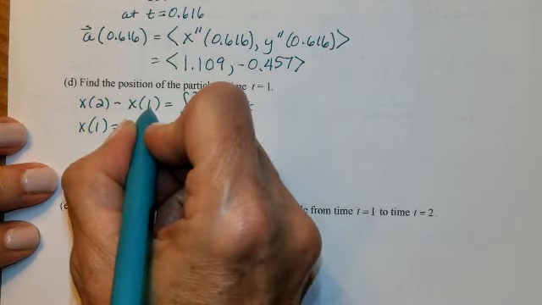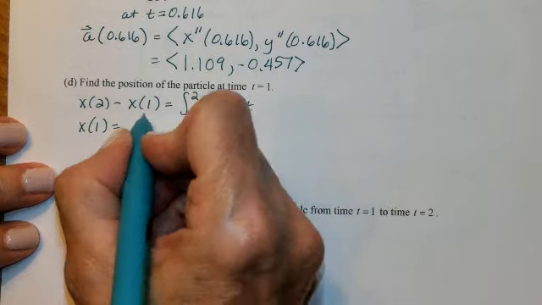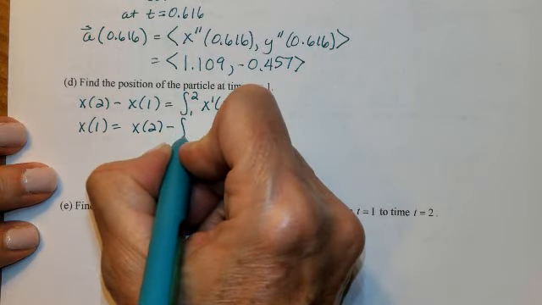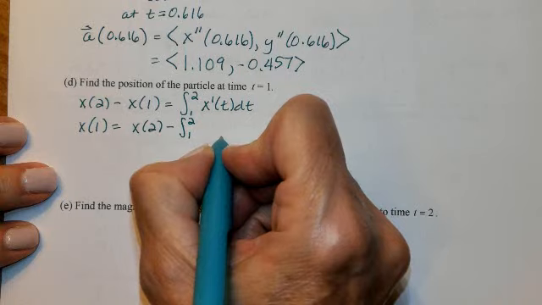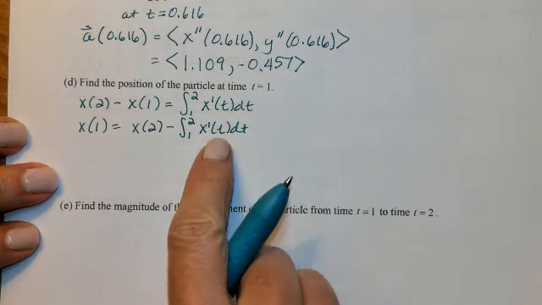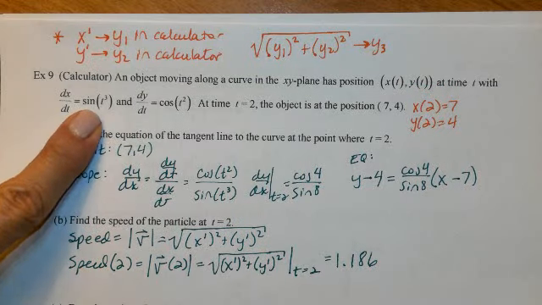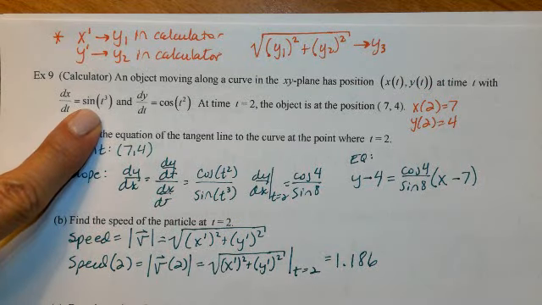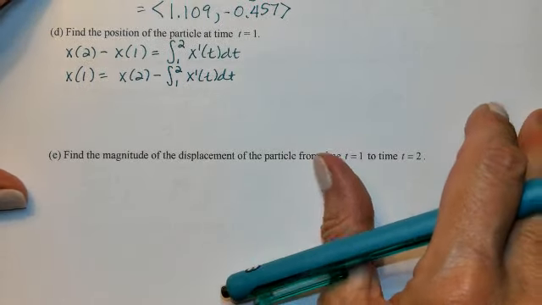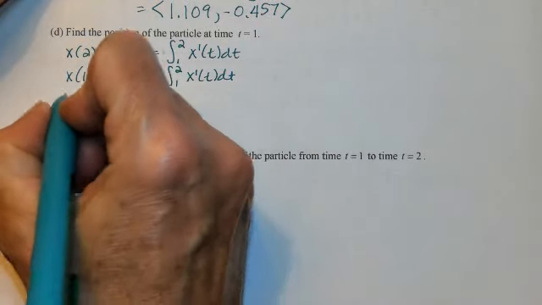So x at time 1, do the correct algebra here, it'll be x at time 2 minus the integral from 1 to 2 of x prime of t. Now, I don't need to rewrite what x prime is because they gave me x prime. If they give it to you, you don't have to rewrite it each time. But if they had not given it to me, I would have had to say what that was, if I had not done it previously in the problem.